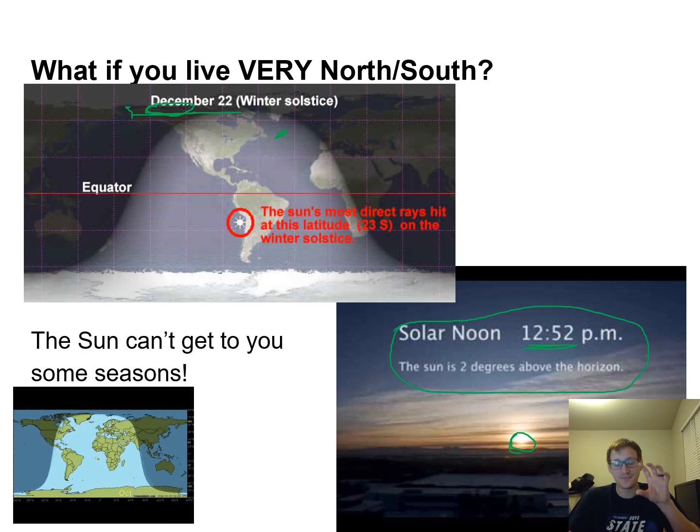Obviously that switches when we're in summer and they're in winter. I just wanted to give you a nice depiction of why there are certain places that see very, very little sun in the winter. And again, that all has to do with the tilt.